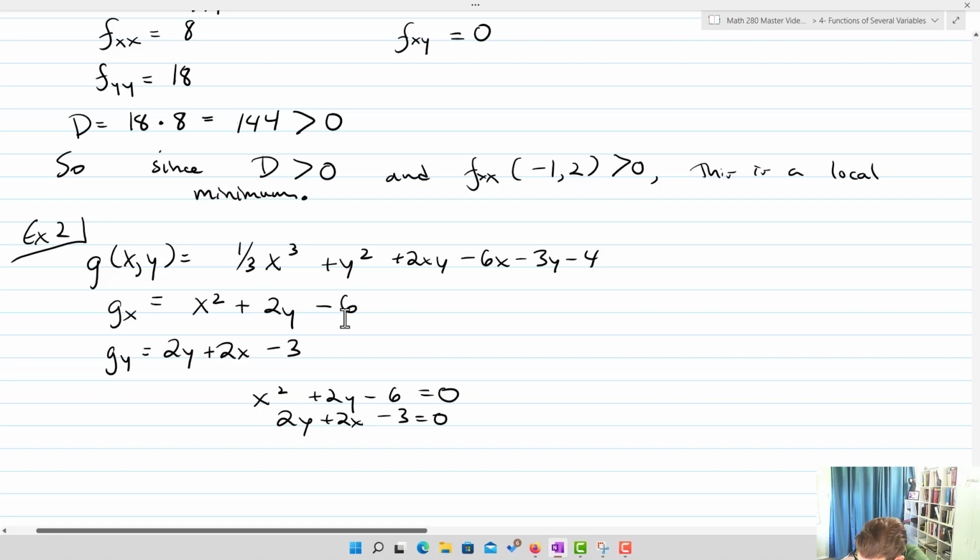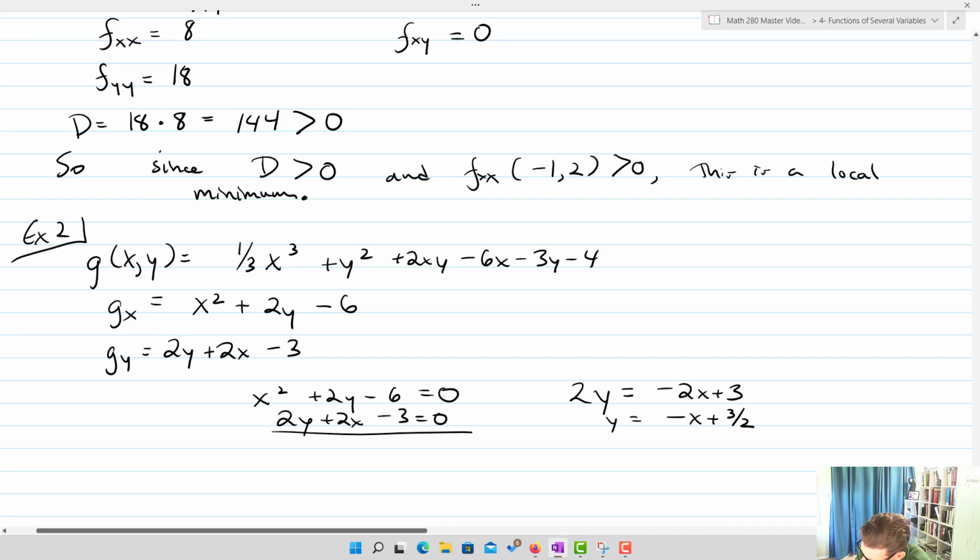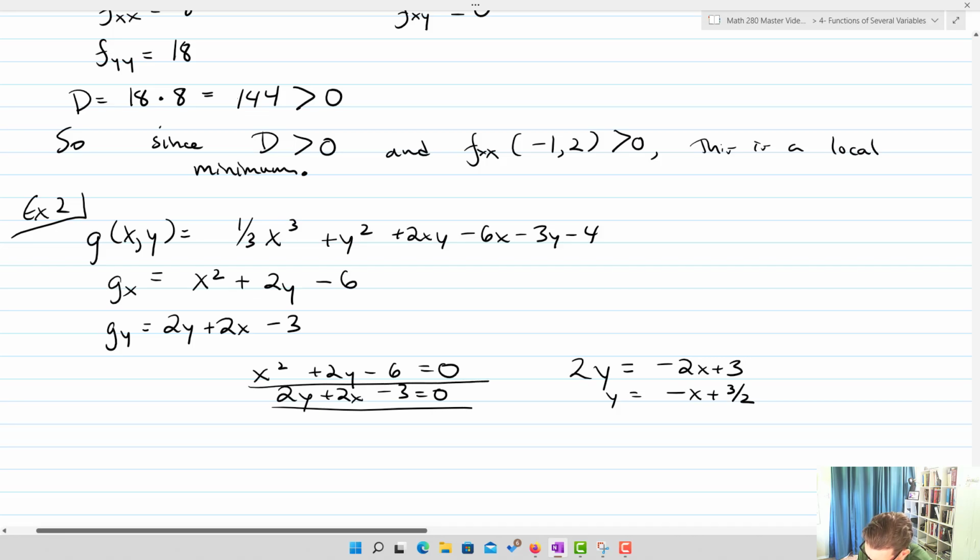I'm going to solve for y, which is the easier of the two. So 2y is going to equal negative 2x plus 3, so y equals negative x plus 3 over 2. Plug that into x squared plus 2y minus 6. I get x squared plus 2 times (negative x plus 3 halves) minus 6 equals 0, so x squared minus 2x plus 3 minus 6 equals 0.